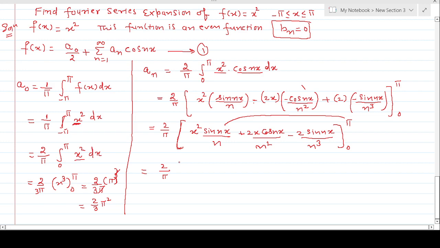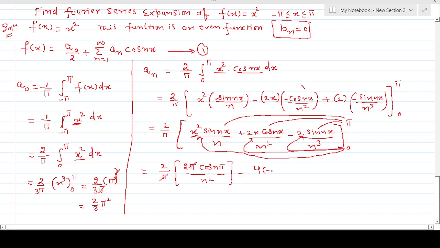Put x value equal to pi here, sine n pi is 0. Now put x value equal to 0: because of this x it becomes 0, this then becomes 0, and sine 0 is 0. So here you are left with this. 2 into 2 is 4, and cos n pi is minus 1 raised to the power n divided by n square.